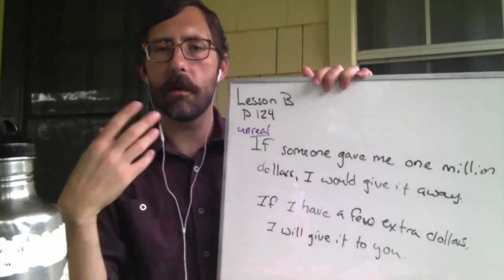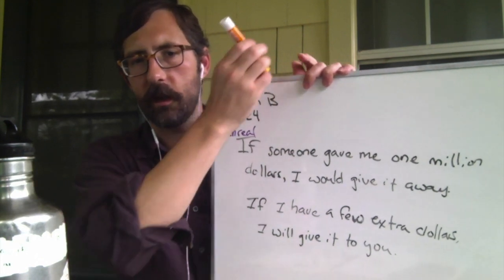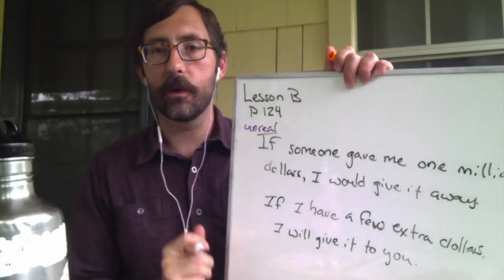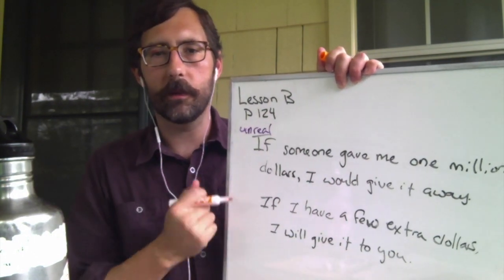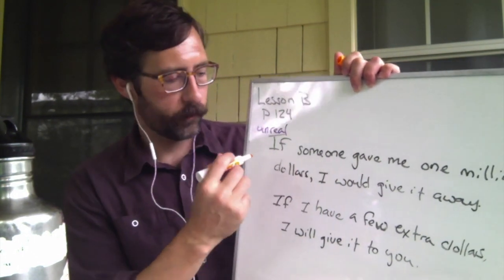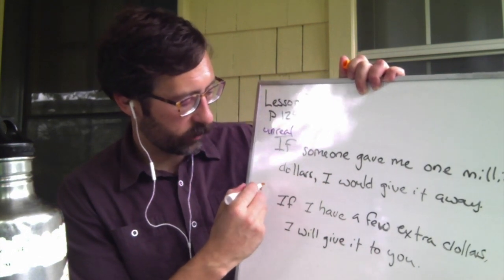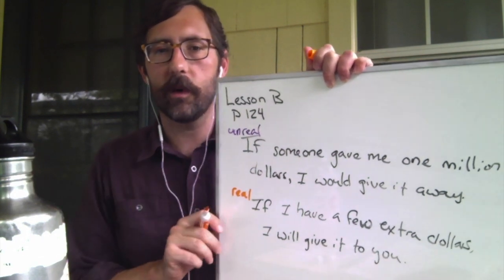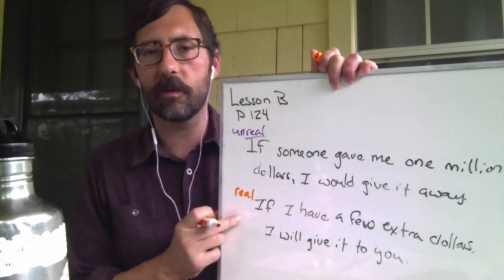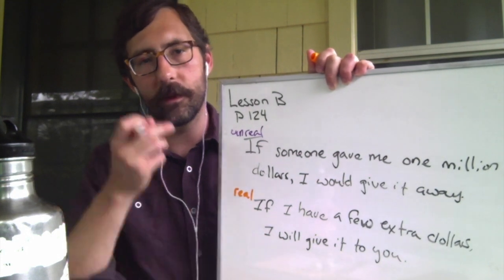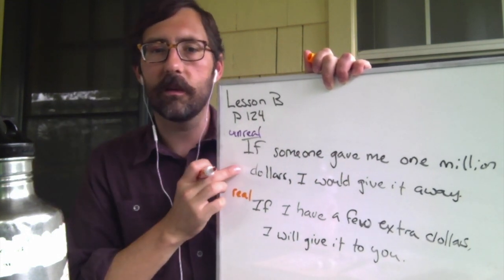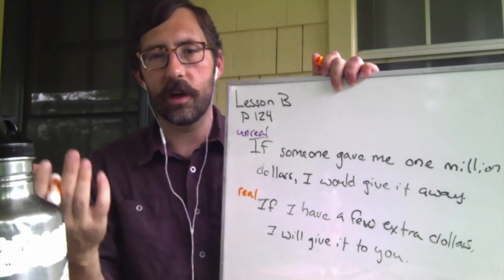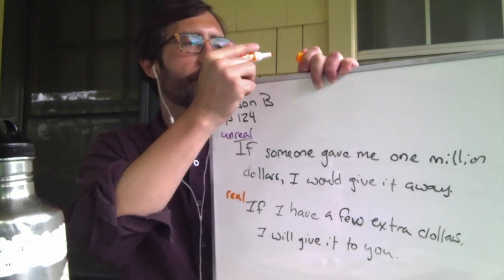It's more of an imaginary statement because it's very not normal, not common for people to go around handing out $1 million. And our second sentence is real, right? Sometimes I have extra money and I might give it away to somebody if I have it, right? So this one is possible. This could happen. This one probably could not happen because no one's just going to give me $1 million, okay?